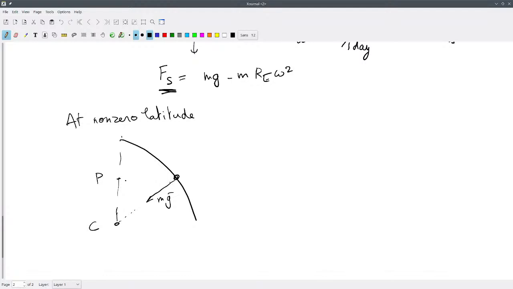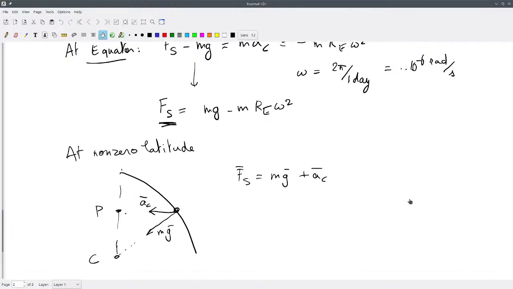We're going to have a net acceleration that is going to be pointing towards the axis here. And now Fs, which is mg plus ac, will have to be such that, so Fs is mg plus ac.